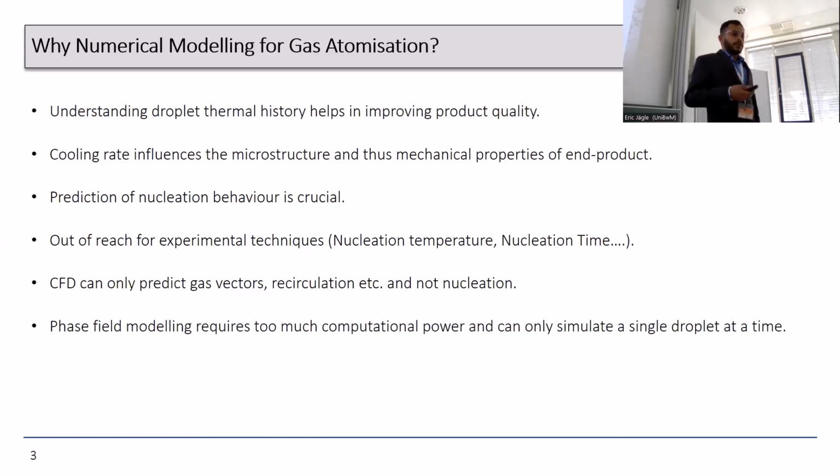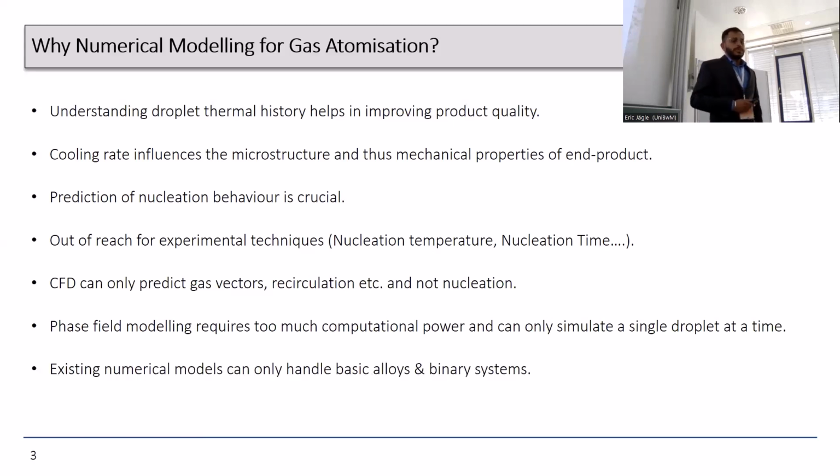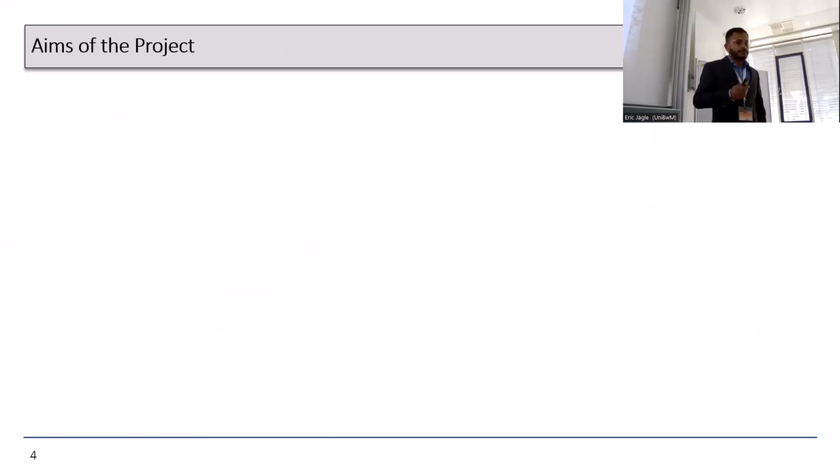Then there is phase field modeling, but it requires a huge amount of computational power and can only simulate one single droplet, maybe not even the whole of it at a time. That's why we are trying to look into numerical models. There have been numerical models already developed, but most of them are able to handle only basic alloys or binary alloy systems.